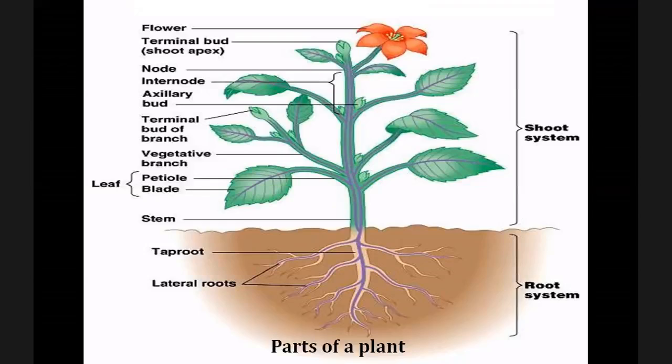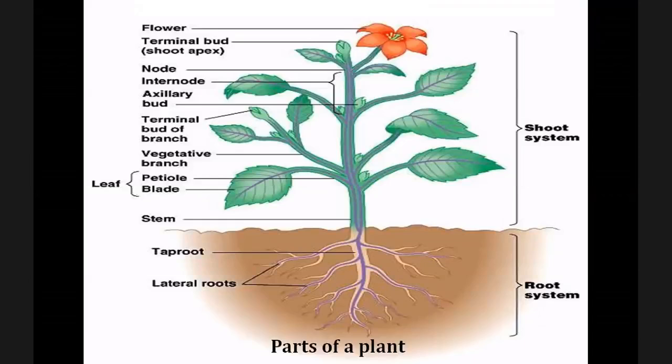The below ground part is the root system. In your previous class you studied the taproot and the fibrous root. Here this is a dicotyledon plant, so it has a taproot, and from this taproot the lateral branches are called lateral roots.